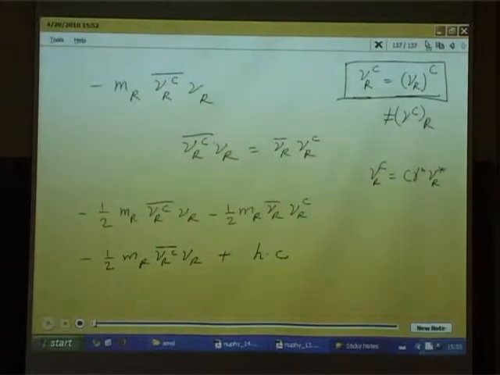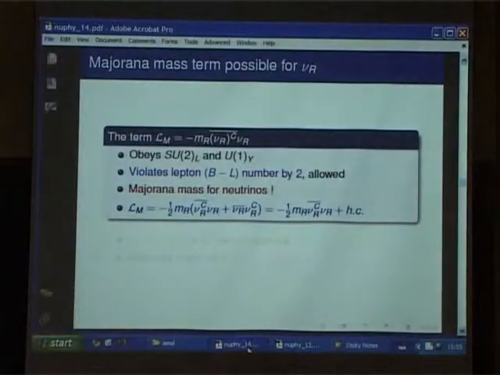Therefore this term, minus MR times μRC bar μR, is often written as minus half MR times μRC bar μR plus μR bar μRC, which is minus half of this plus Hermitian conjugate. You will often see it written this way, but all these forms, 1, 2 and 3, are the same.